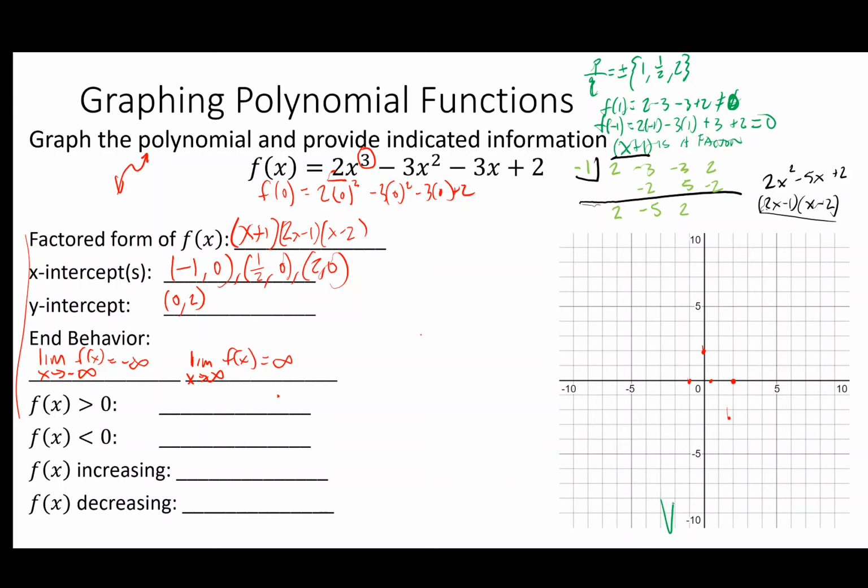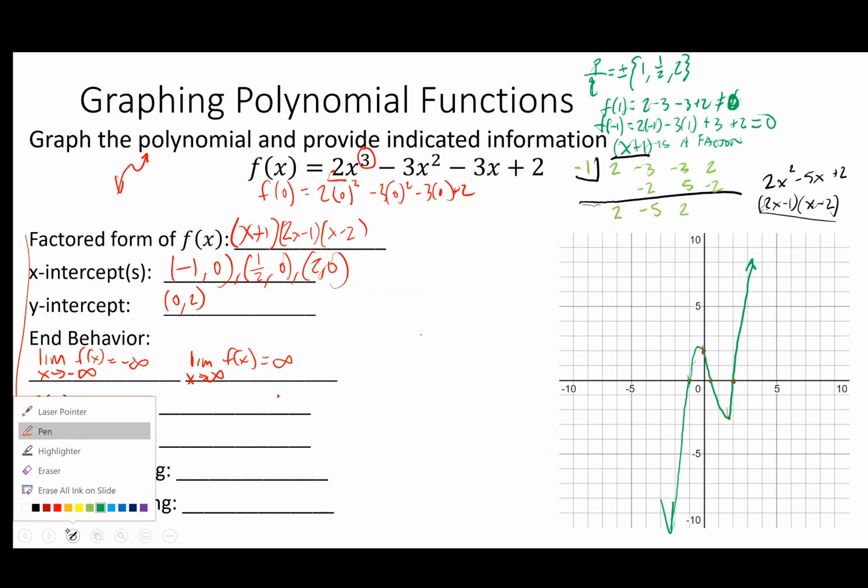Let me just write those points back in. This point here was negative 0.366 and 2.598, and this point here was 1.366 and negative 2.598. Then I can answer the remaining questions here.